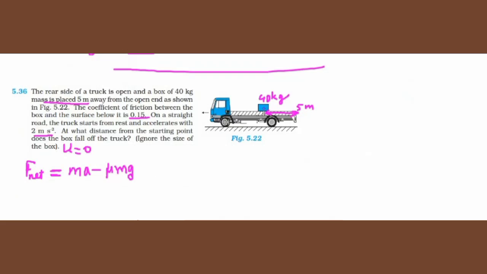When the truck is moving forward, a force is applied on it, and opposite to that force friction is acting, so net force will be applied force minus friction. And from there, we can calculate the acceleration of the block.